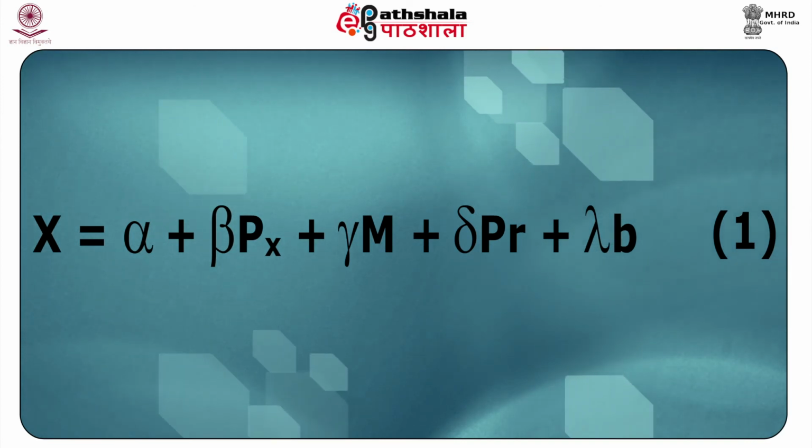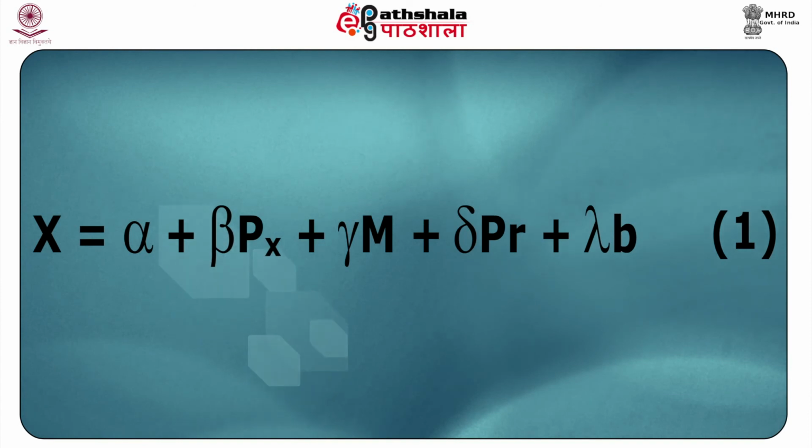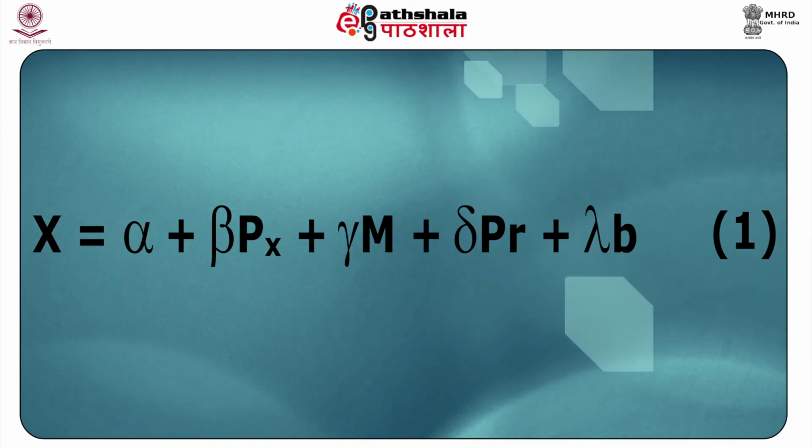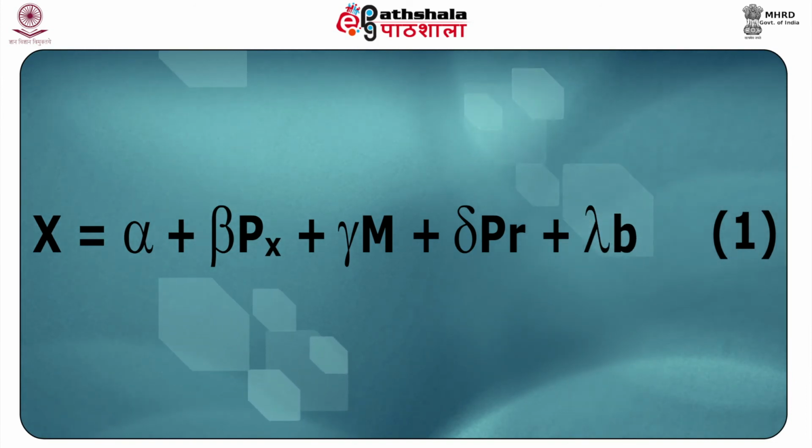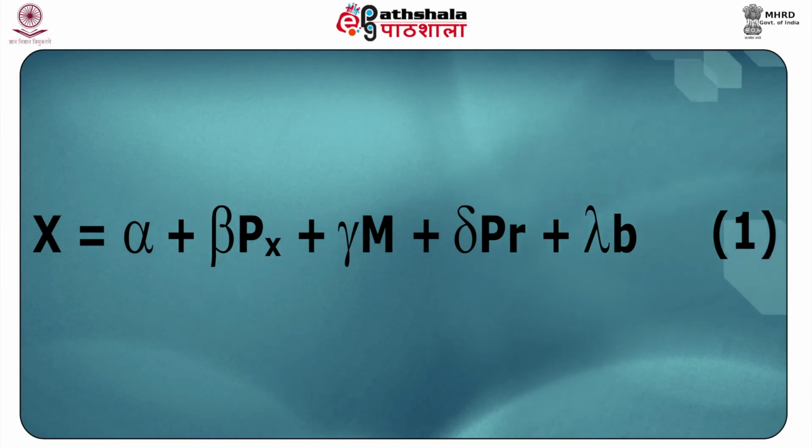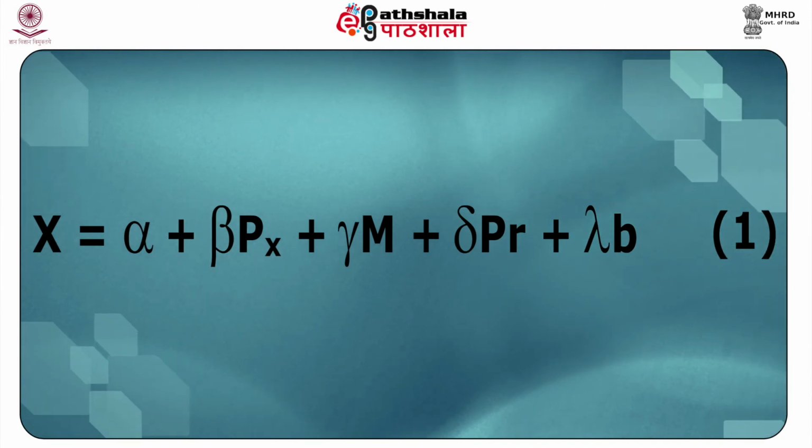In this equation, beta measures the change in the quantity demanded that would result from 1 unit change in price. We assume it to be negative, which we will discuss in unit 2.